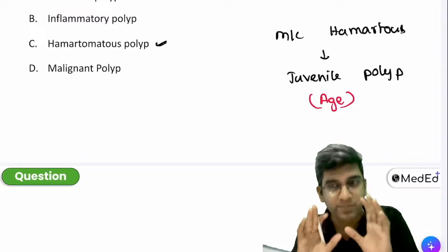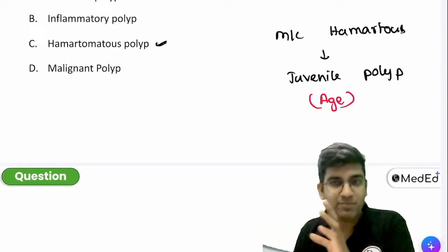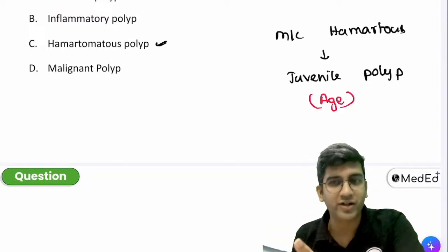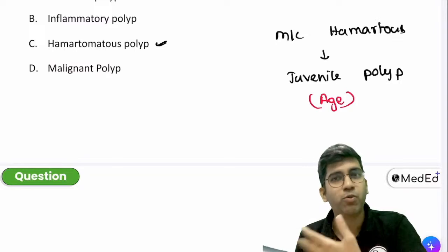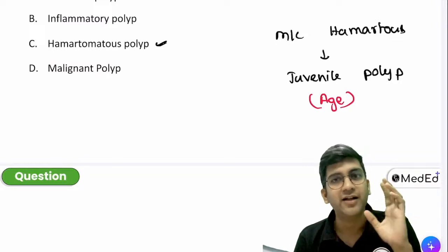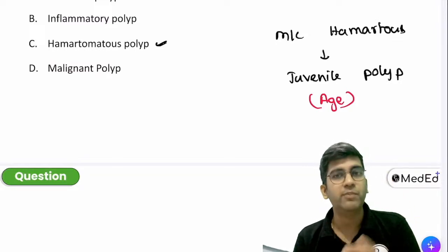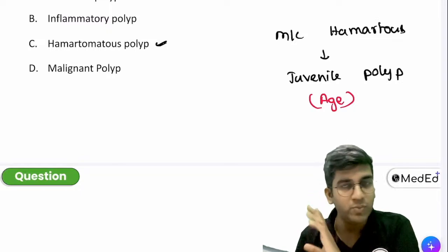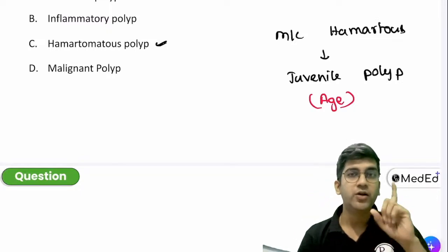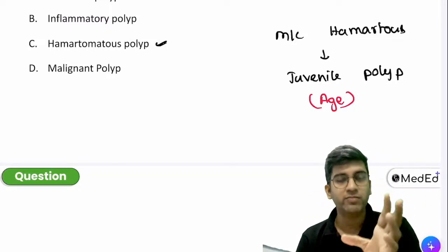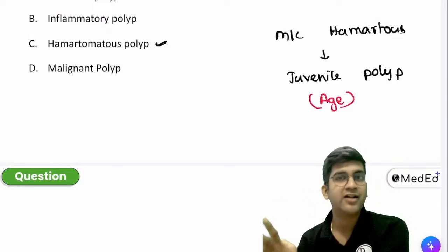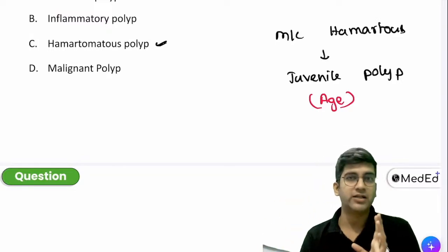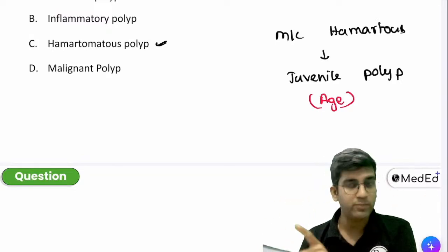Always be wide, don't go for something very specific, you might ignore the age. But age is the most important clue in juvenile polyp. The question said a 5-year-old kid with a polyp in the rectum. It should be only one polyp, juvenile polyp. Don't ignore the age. Age and symptoms are much more important than radiology or pathology or markers any day, at any point of time. Please don't forget that.